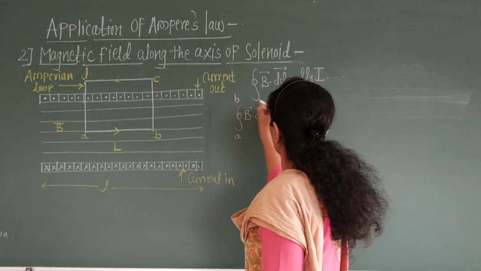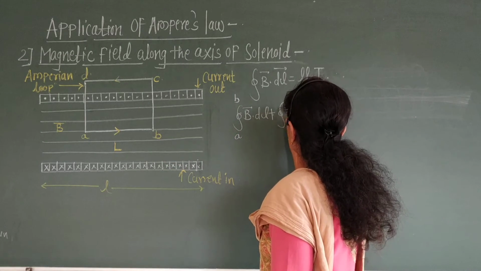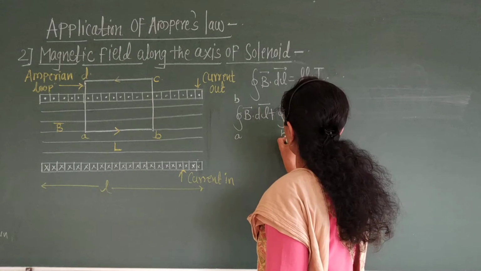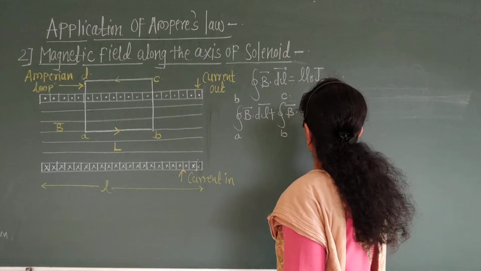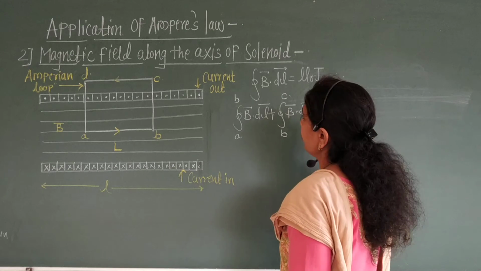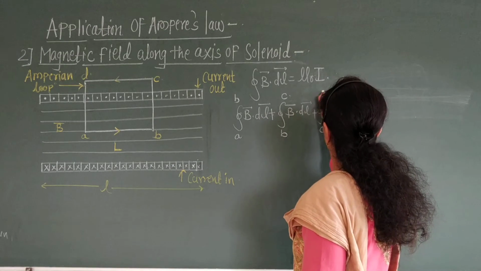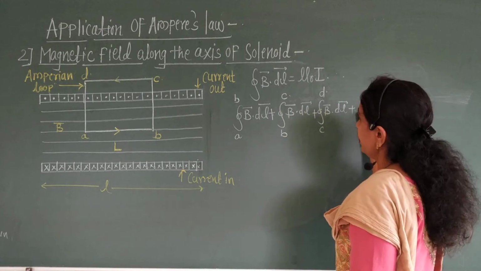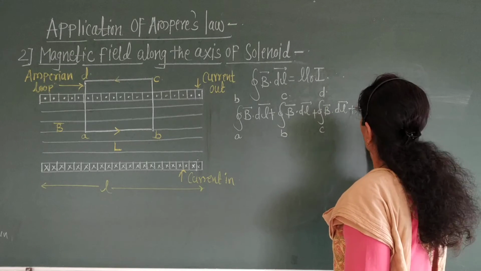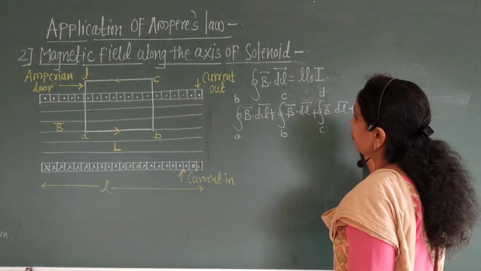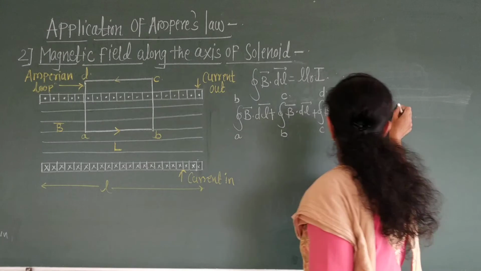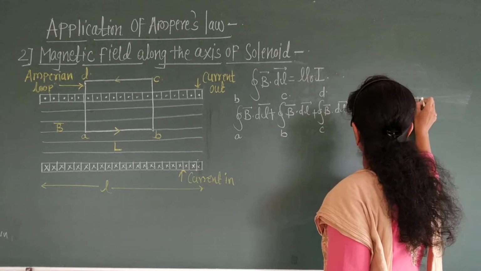From A to B plus line integral of B vector dot dl vector from B to C plus line integral of B vector dot dl vector from C to D plus line integral of B vector dot dl vector from D to A. Okay, आता see this is equal to mu 0 times I.